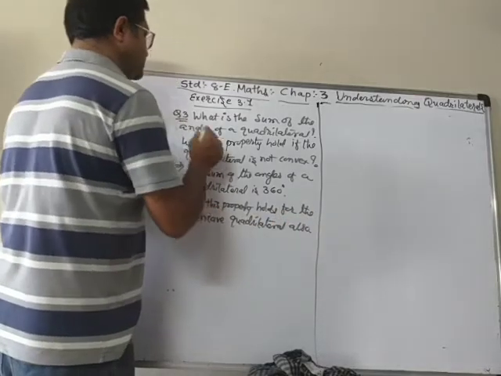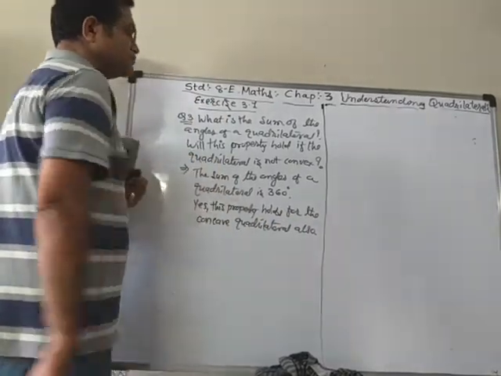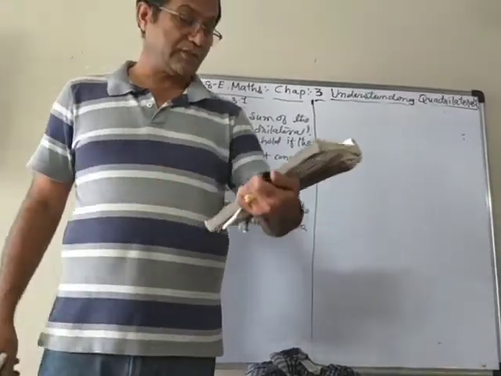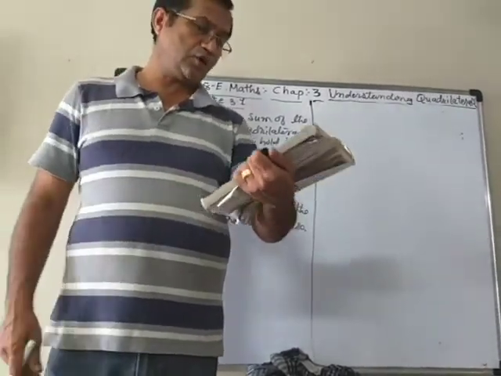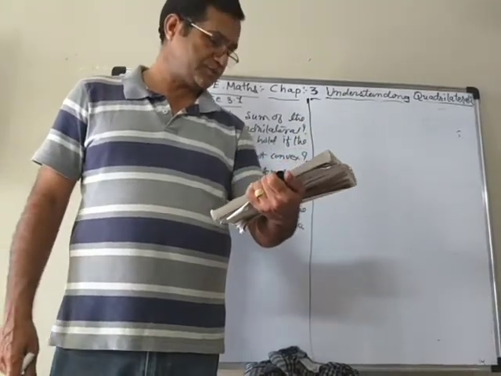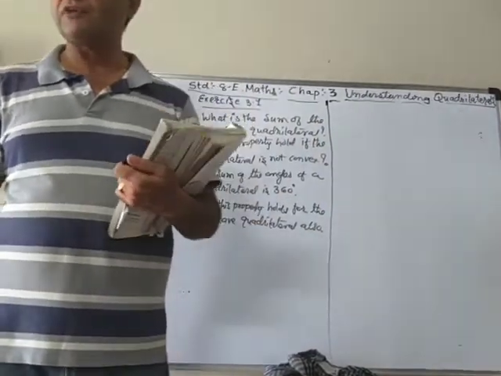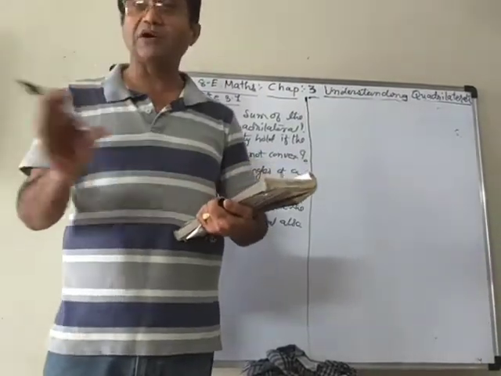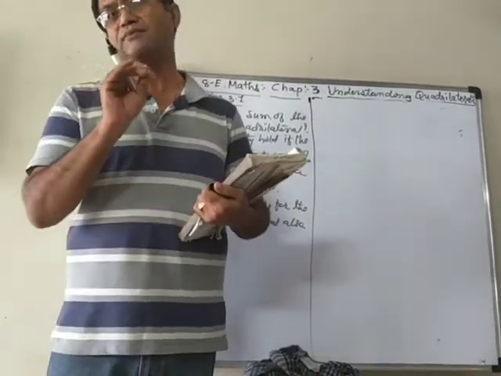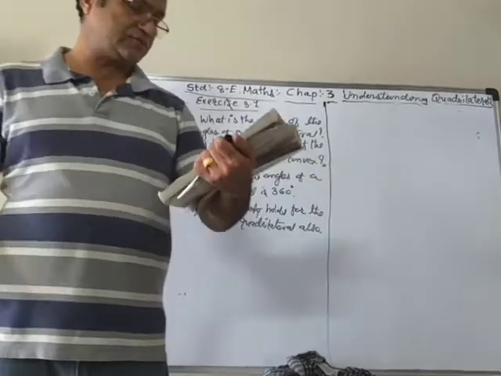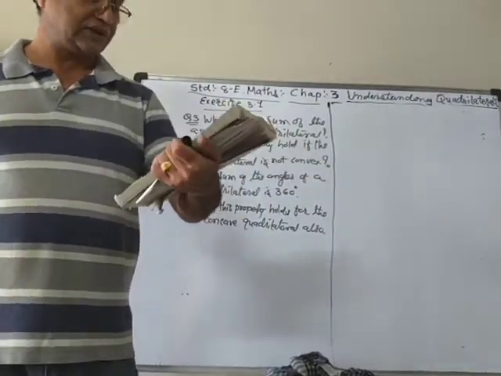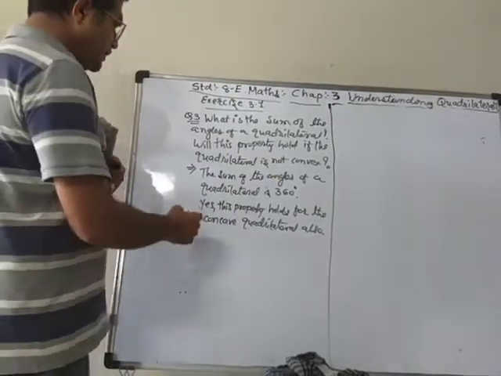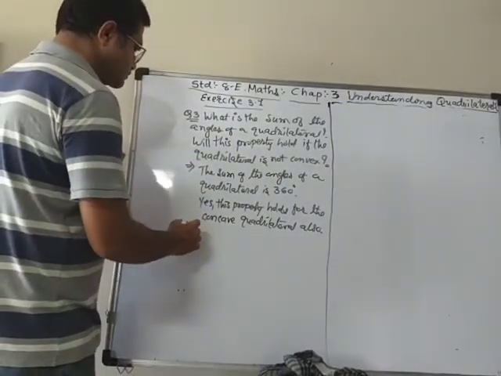It is not applicable only for the convex quadrilateral. It is applicable for the concave quadrilateral also. You can try yourself also, draw a concave quadrilateral and then find all the 4 angle measures, and then you can add them. Your answer will be 360 degrees.